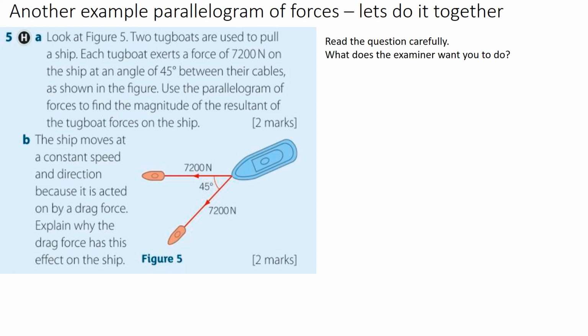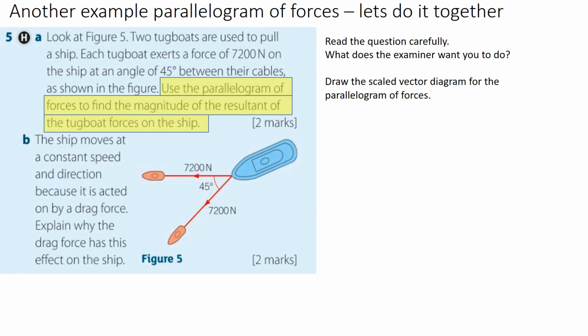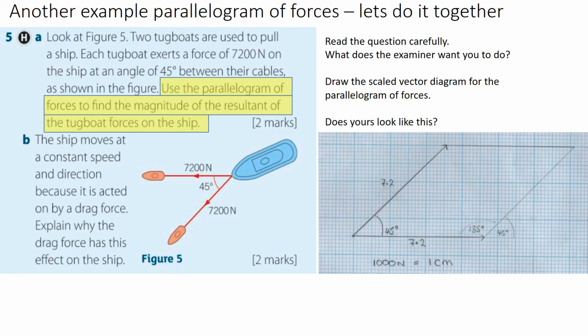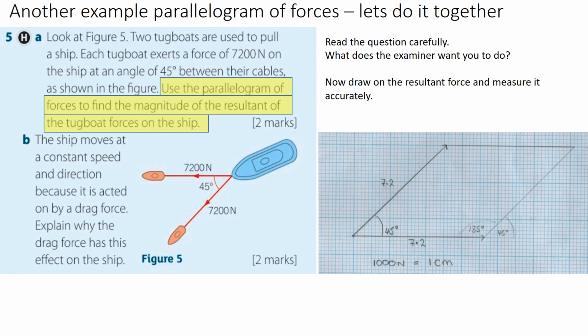Think about it. What is the examiner asking you to do? Right, that's it. Basically, they want you to draw a parallelogram of forces using a scaled vector diagram. So this is what it looks like. Again, I've got my scale of 1,000 newtons equalling 1 centimetre.